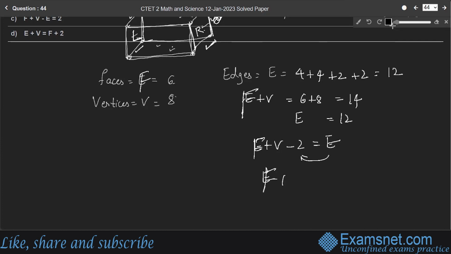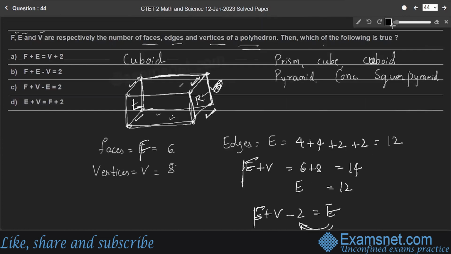Rearranging, the number of vertices plus the number of faces, F plus V minus 2, is the number of edges. Taking edges to the left side, F plus V minus E is equal to 2. Number of faces plus vertices minus edges is equal to 2. Therefore, option C is the right answer.